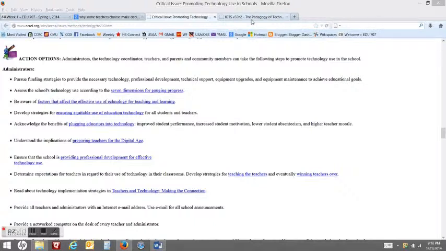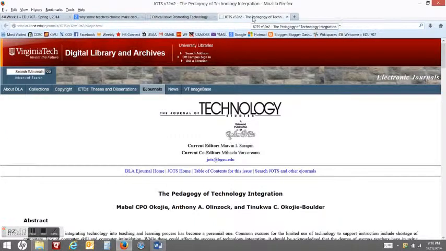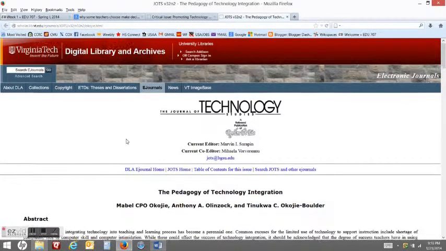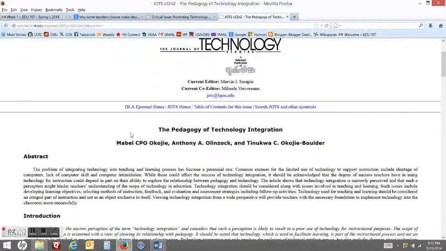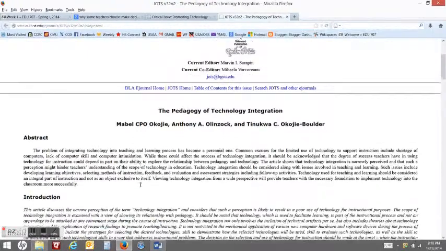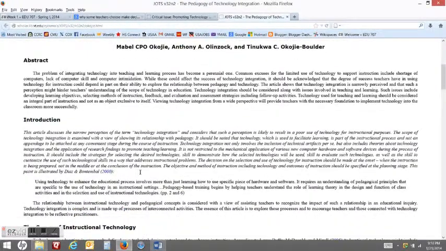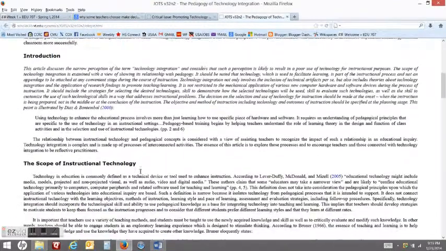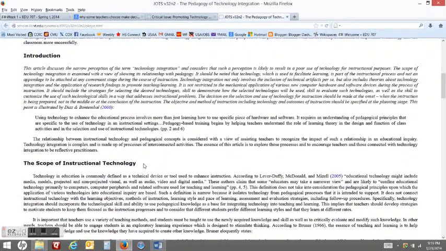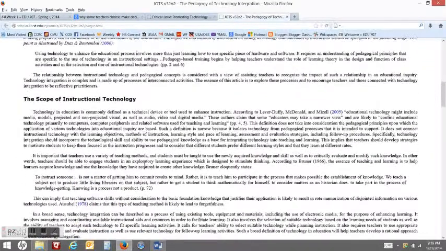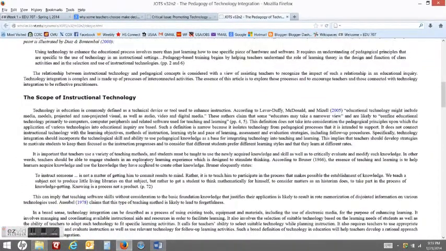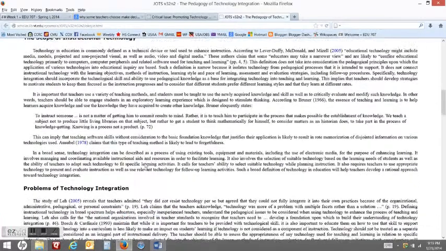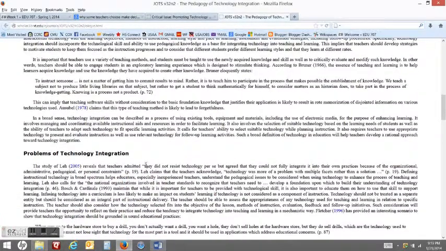The next group I'm looking at is the new teachers who are comfortable with technology. I think I'm going to use the Journal of Technology article. It seems to be more geared to what I'm looking for in that.